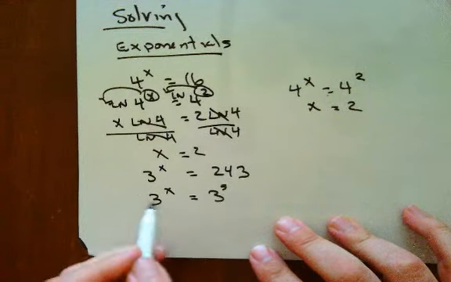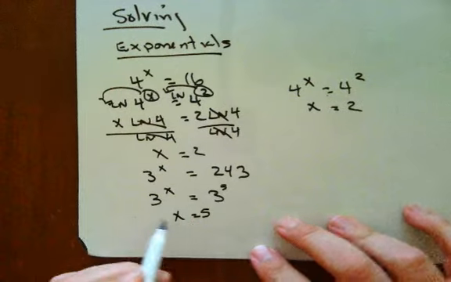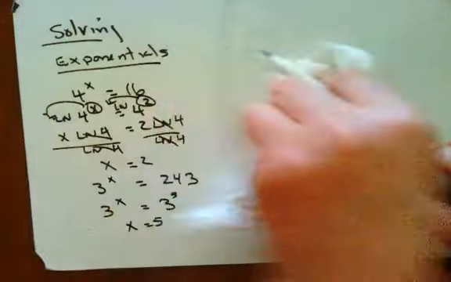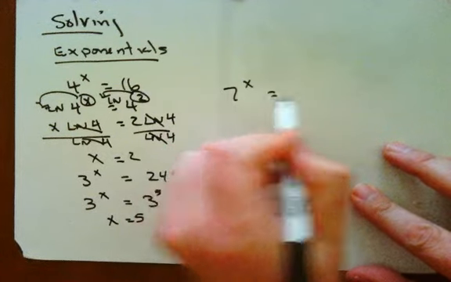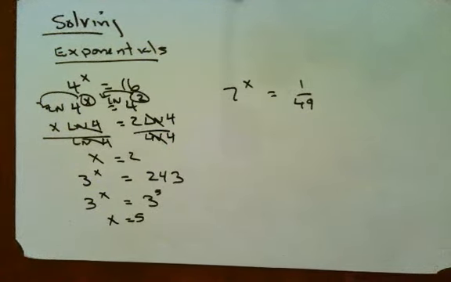If we rewrite 243 as 3 to the 5th and then use the one-to-one property, we see that x should equal 5. How about something a little more challenging? How about something like 7 to the x equals 1 over 49? Give that one a try.